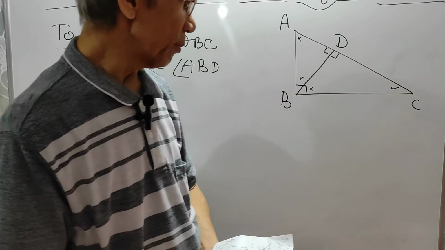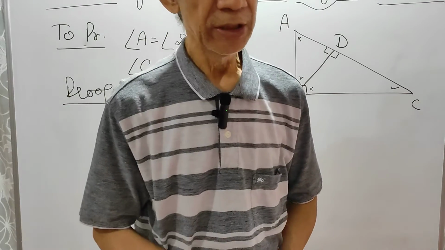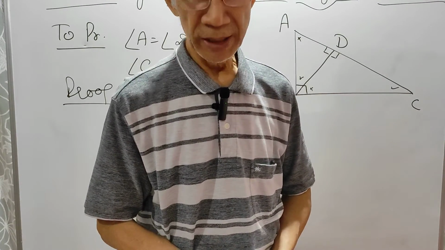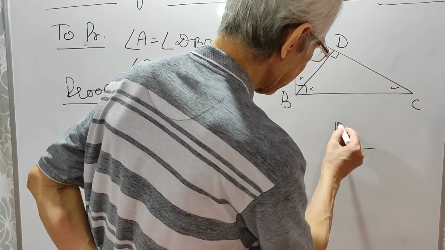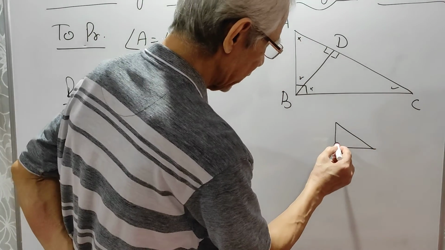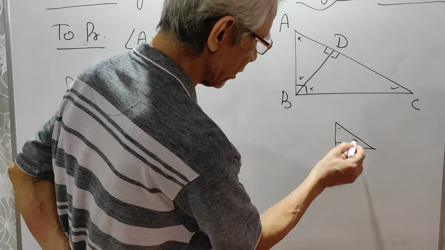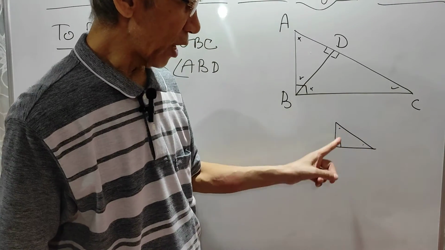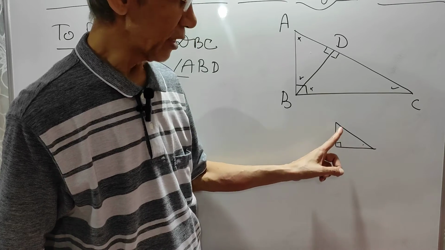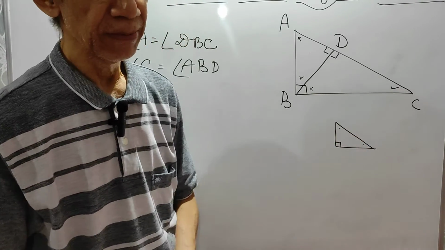Now we have to use that theorem, angle sum property. Sum of three angles of a triangle is 180 degrees, isn't it? Now in a right angle triangle, if this is 90 degrees, then the sum of the other two must be 90 degrees.